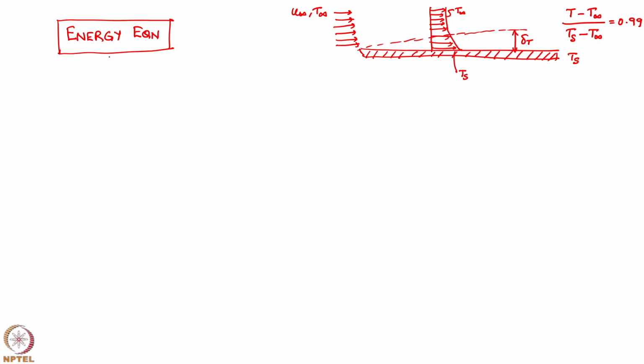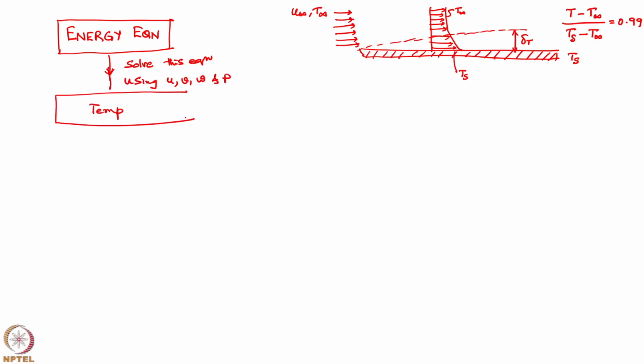Now, if I solve this energy equation using U, V, W and P, which I have already gotten by solving mass and momentum, you are going to get the temperature profile.